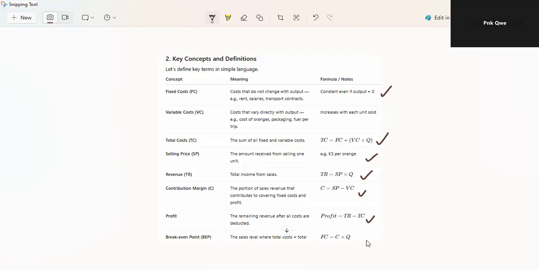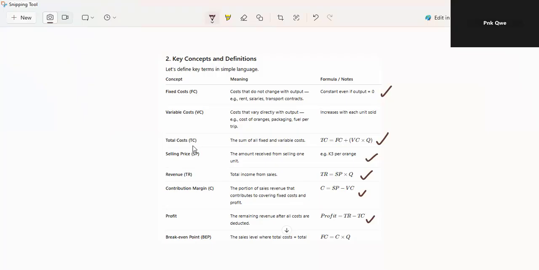The break-even point is simply the point where the level of sales revenue is equal to cost.